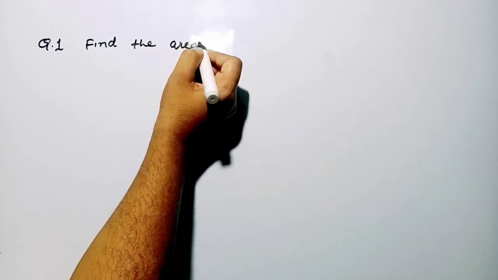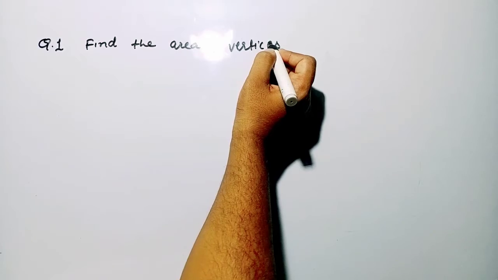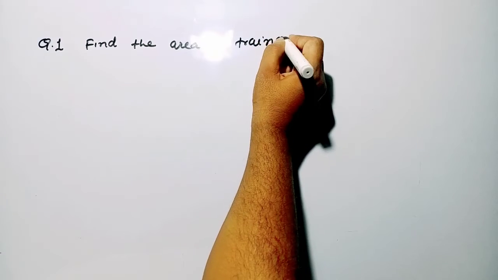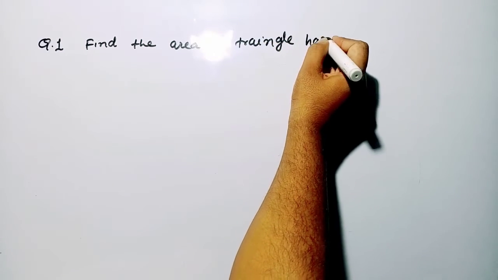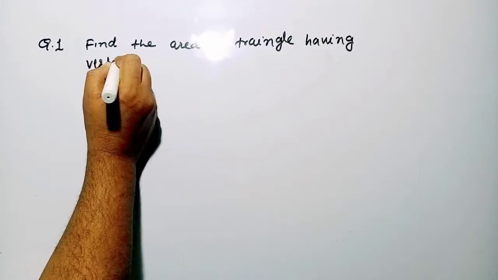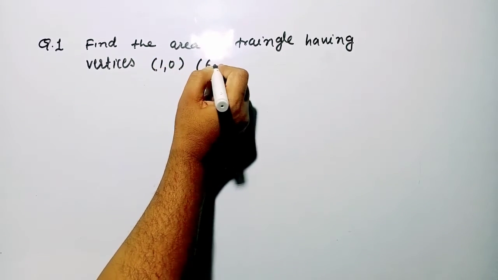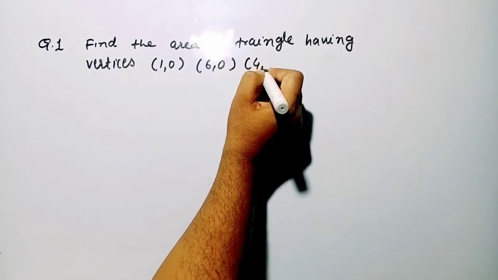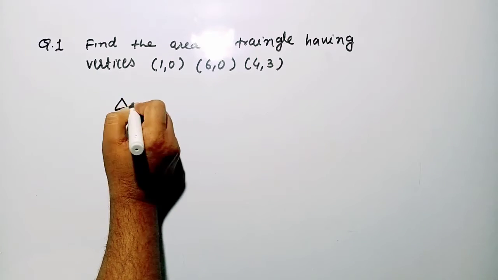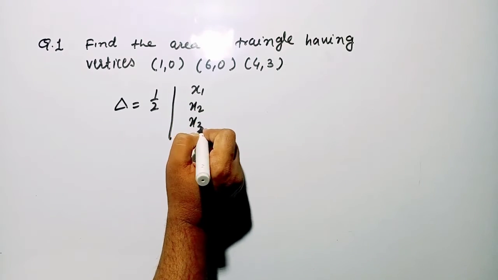Find the area of the triangle having vertices (1, 0), (6, 0) and (4, 3), meaning the ordered pairs (x1, y1), (x2, y2) and (x3, y3) are given.